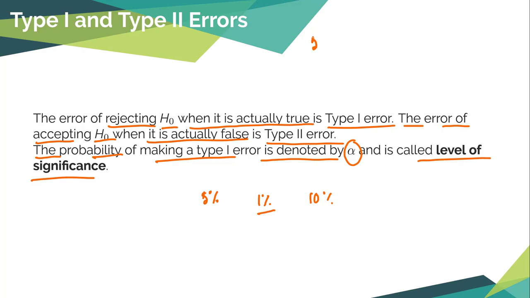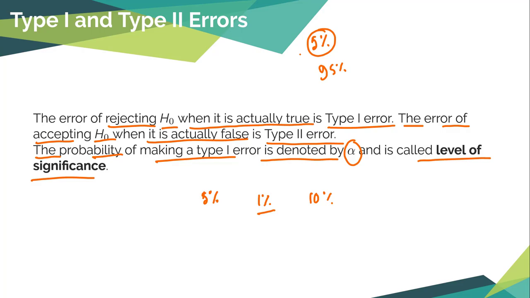So what is 5% level of significance, or in some cases 95% level of confidence? Level of significance and level of confidence are complementary to each other. If your level of significance is 5%, the literal meaning is 5 out of 100 times you are going to commit type 1 error.